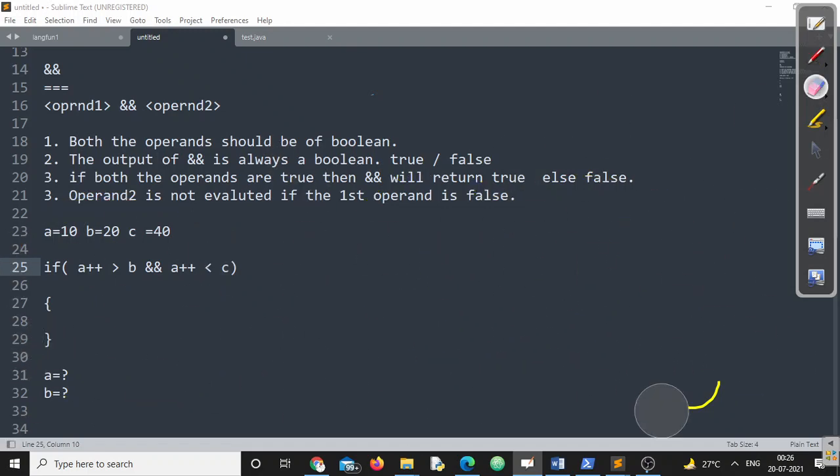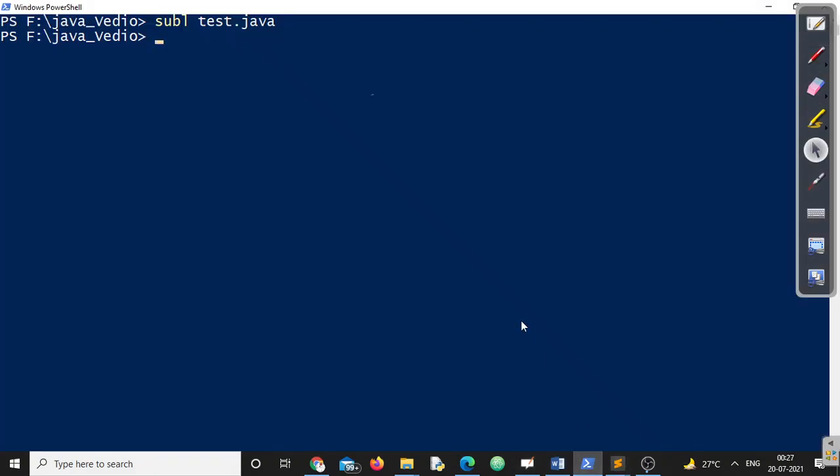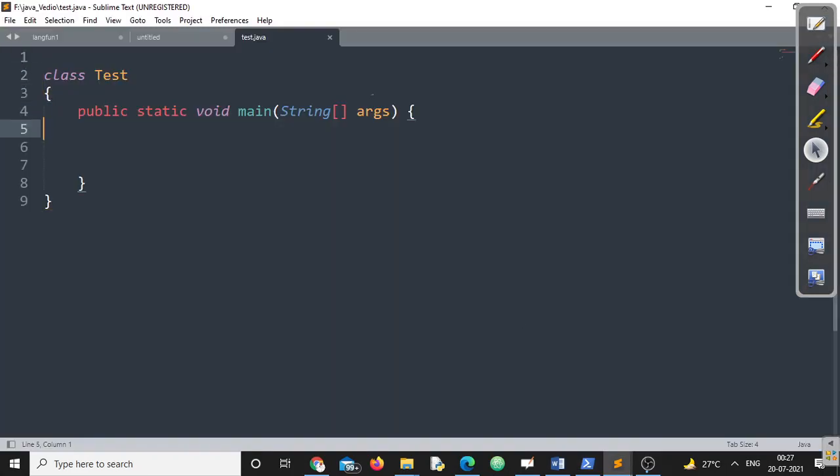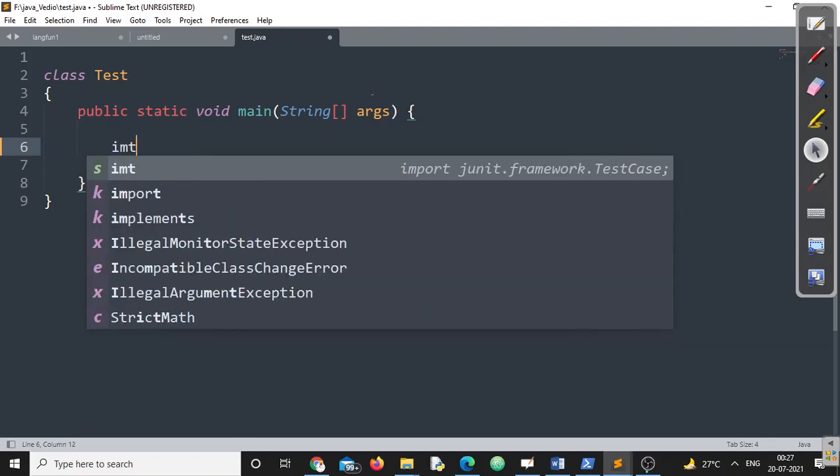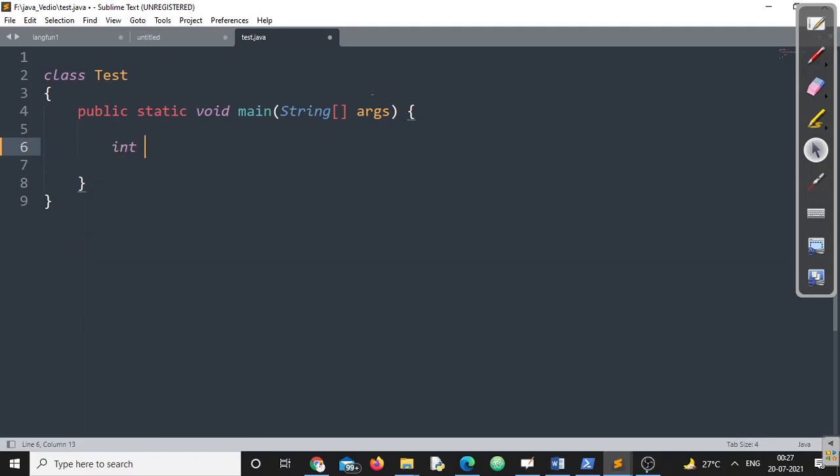Let us cross check the same with your Java compiler. Give me a second. Let me go for test.java. Okay, fine. I'm writing int a is equal to 10. I'm writing b equals 20. Similarly, c equals 30.